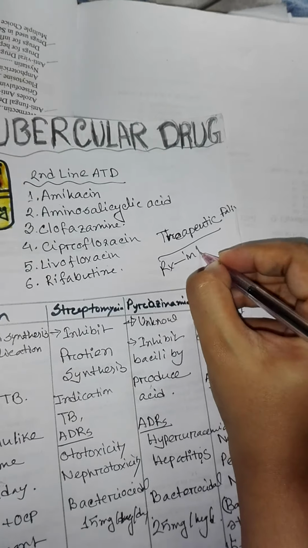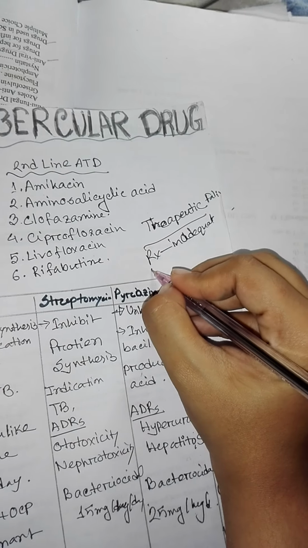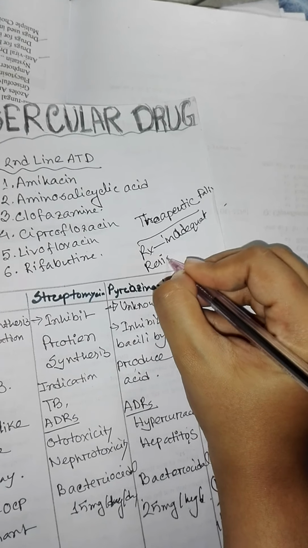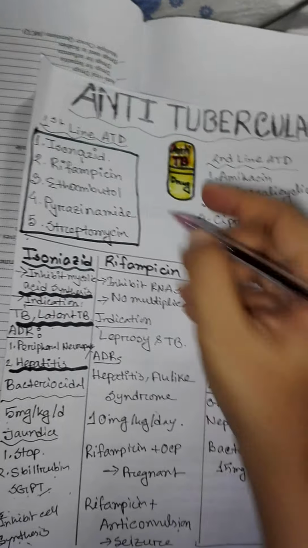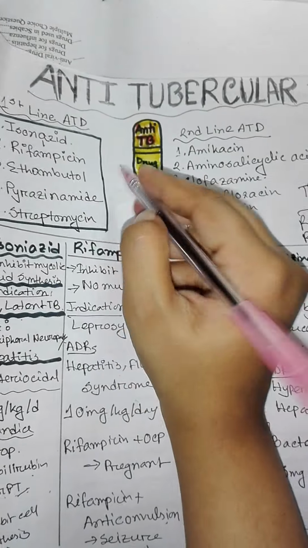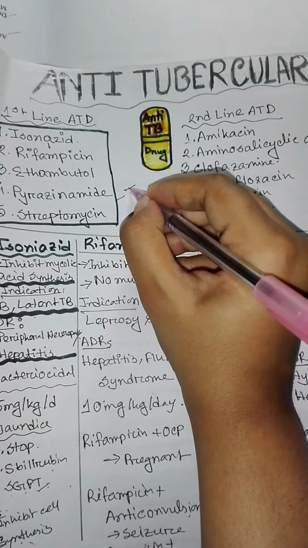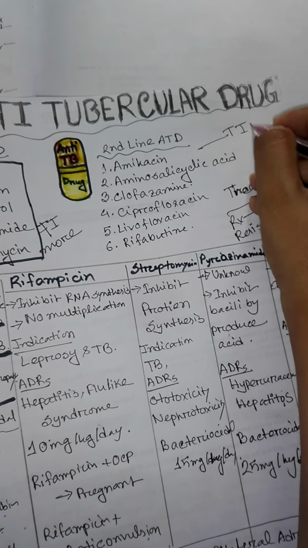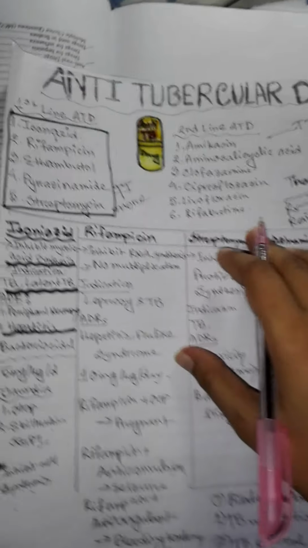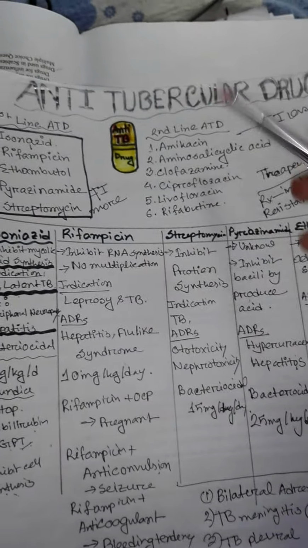Treatment is inadequate and resistance occurs. Now, in first line drugs the therapeutic index is more. In second line drugs the therapeutic index is less. This is all about anti-tubercular drugs.